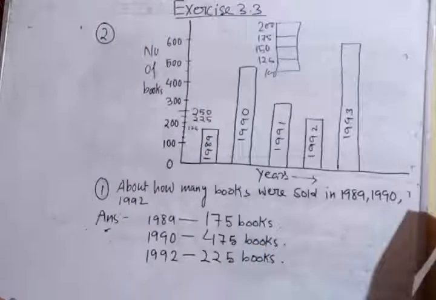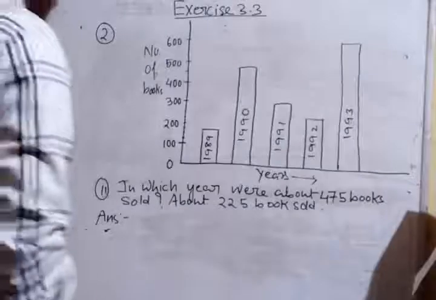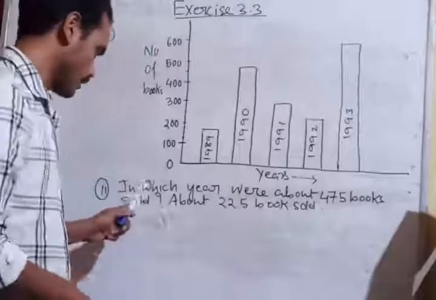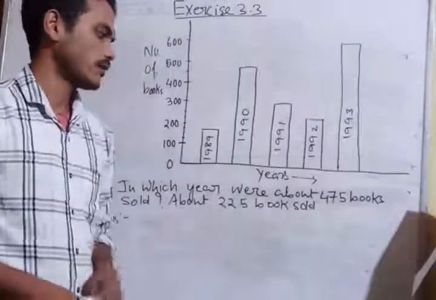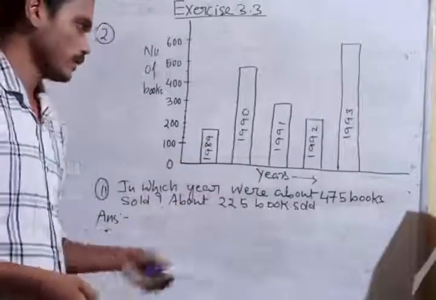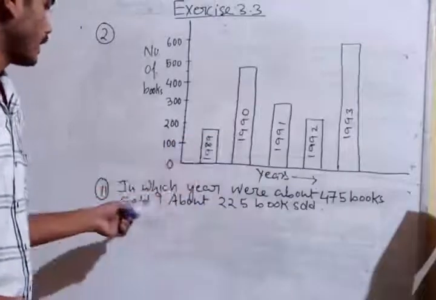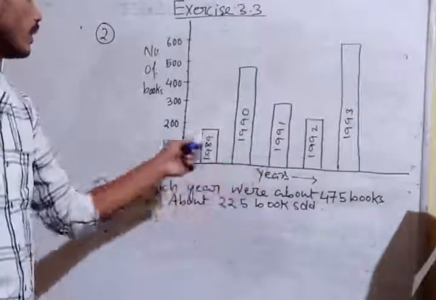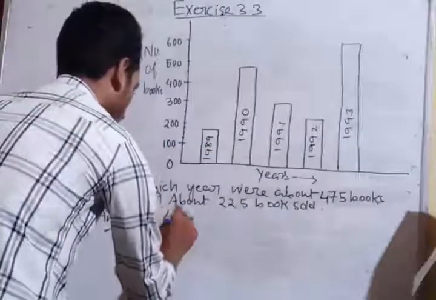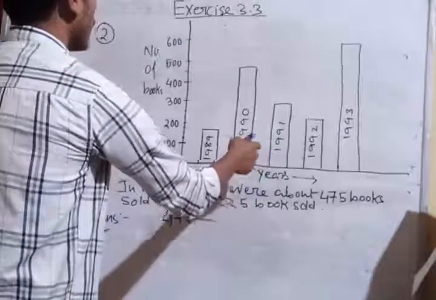So this is the number 1 answer. Now let's see the number 2. Now the next one is, in which year were about 475 books and about 225 books sold? So already we have got this answer in the question number 1 only. 475 books were sold in 1990 and 225 books were sold in the year 1992.